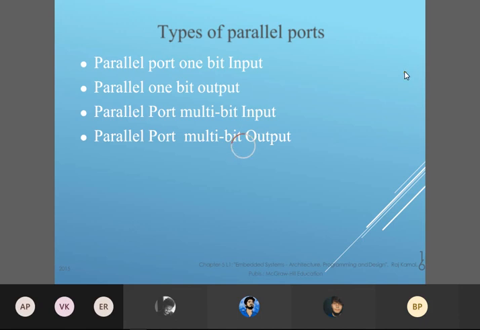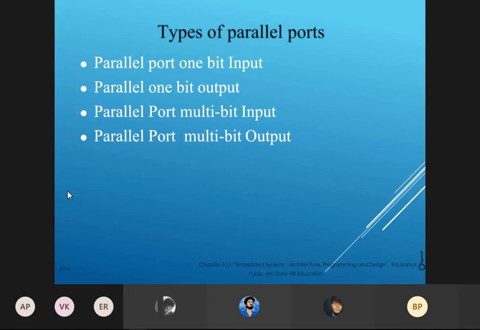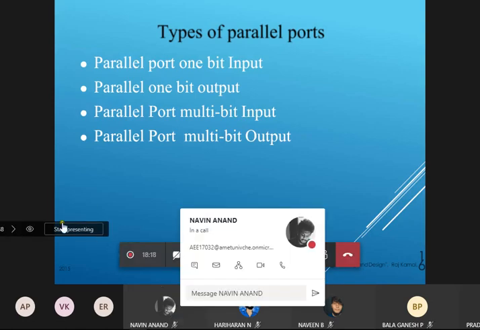I don't know why these PPTs keep on rotating for me. Are you getting the screen clearly? Yes, sir. Types of parallel port. I'm trying to change it. It is not changing. Okay, now it's okay. It's working.